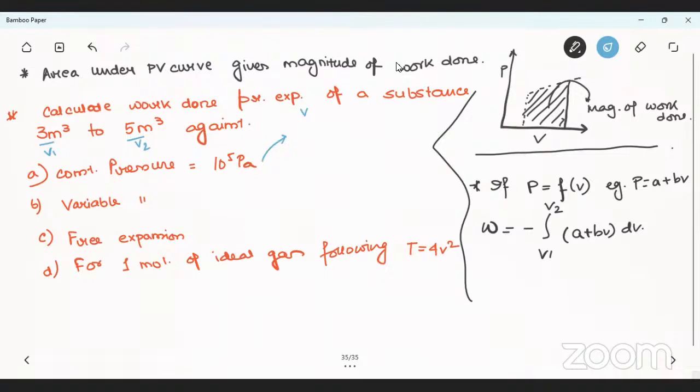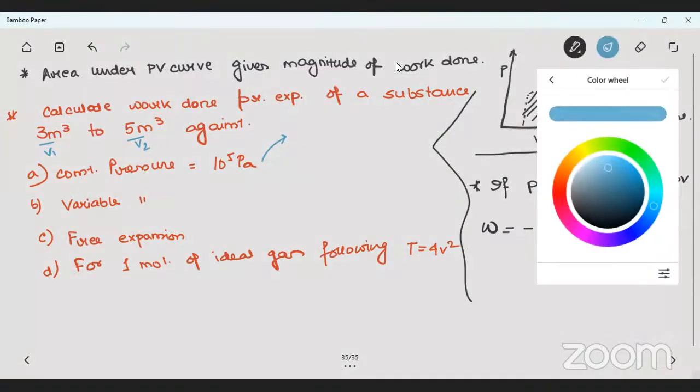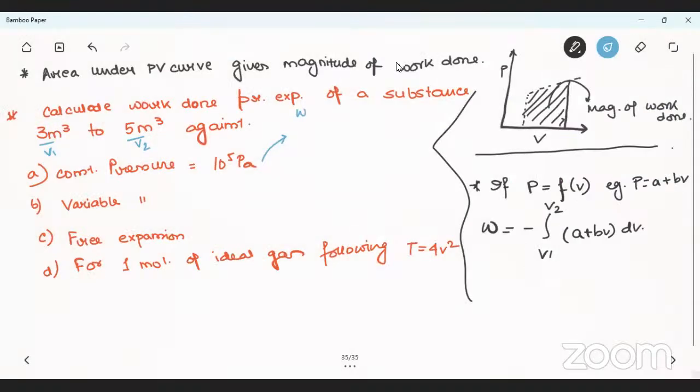What is the basic formula for work done? Work done is equal to minus P delta V. This is the standard formula. Now, what is delta V?